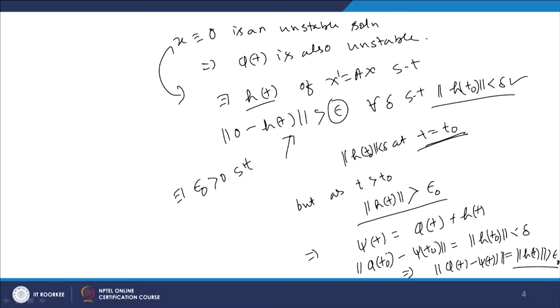So, for the same epsilon naught, we can find a solution psi t given as phi t plus h of t. For this epsilon less than epsilon naught, I cannot find any delta such that norm of psi t naught minus phi t naught less than delta implies norm of psi t minus phi t is less than epsilon, because this norm is always bigger than epsilon naught. So, if the 0 solution is unstable, then phi t is also an unstable solution.